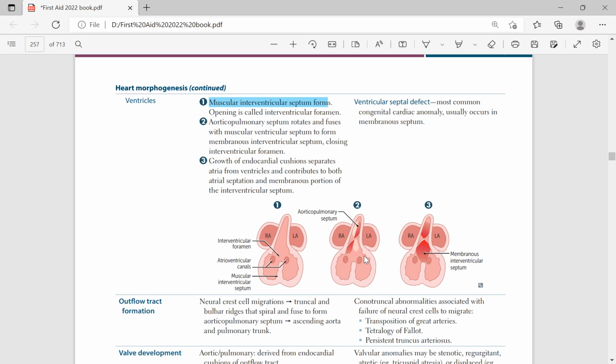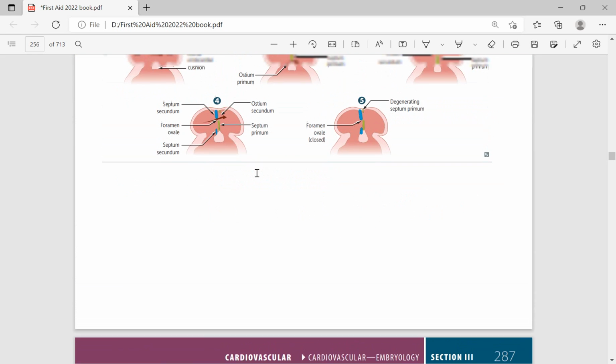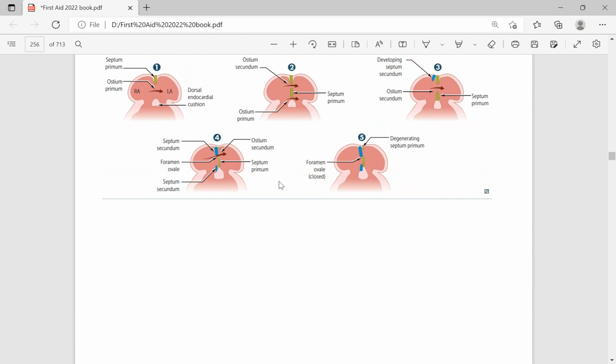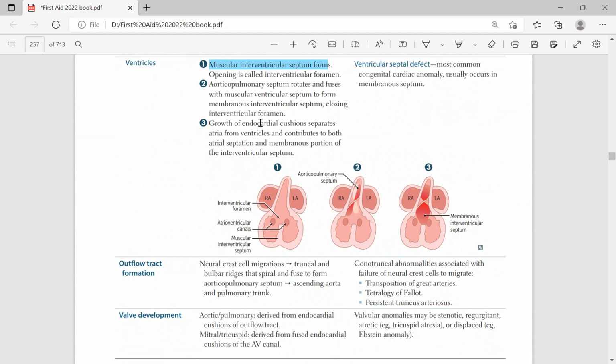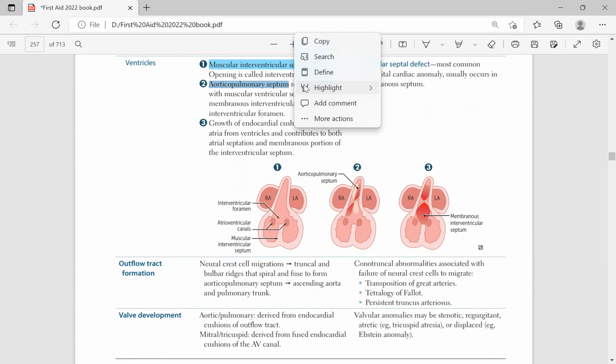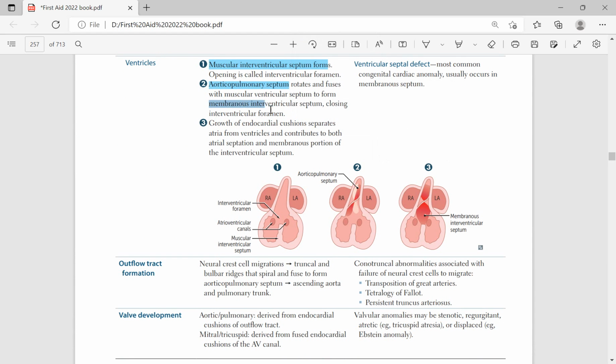Growth of the endocardial cushion separates atria from ventricles and contributes to atrial septation. This is the endocardial cushion. So the aorticopulmonary septum forms the membranous interventricular septum.